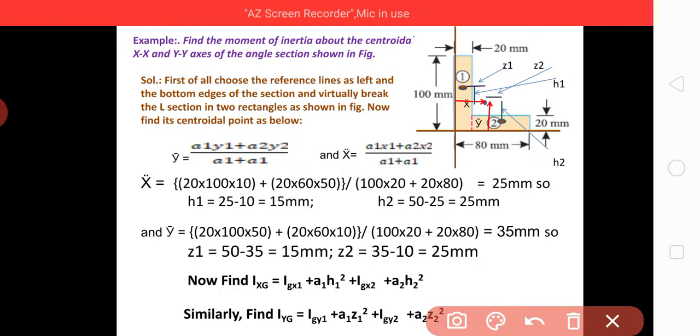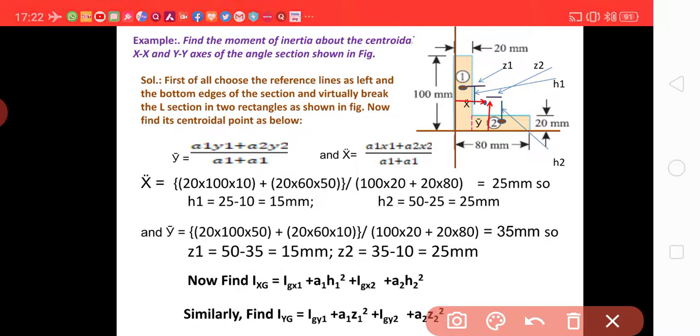Similarly, for the y coordinate, the centroid point of section 1 is 50 mm away, whereas for section 2 it is 10 mm away from the x axis, this bottom edge.